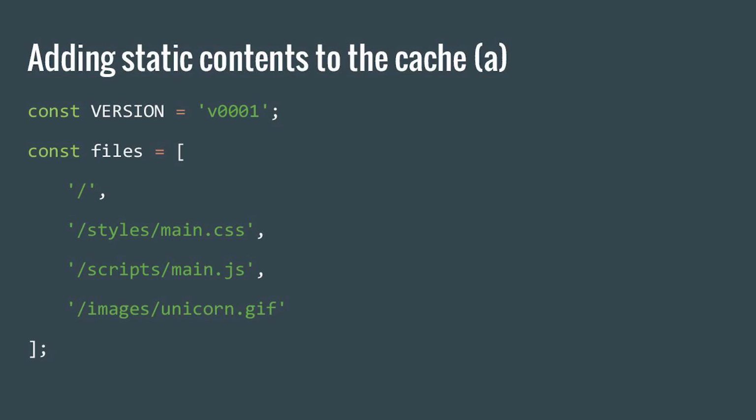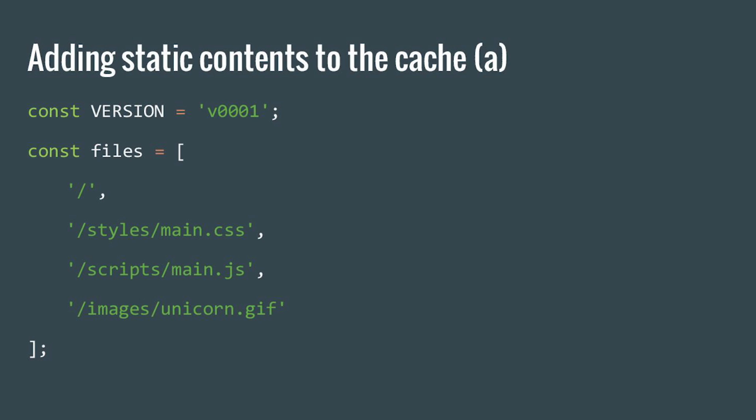Then when your service worker is finally registered, you can start managing your caches. In the file, first of all, you need a version to control which files are cached and which old files to delete. So every time you edit this version, you have the opportunity to clean up your cache.